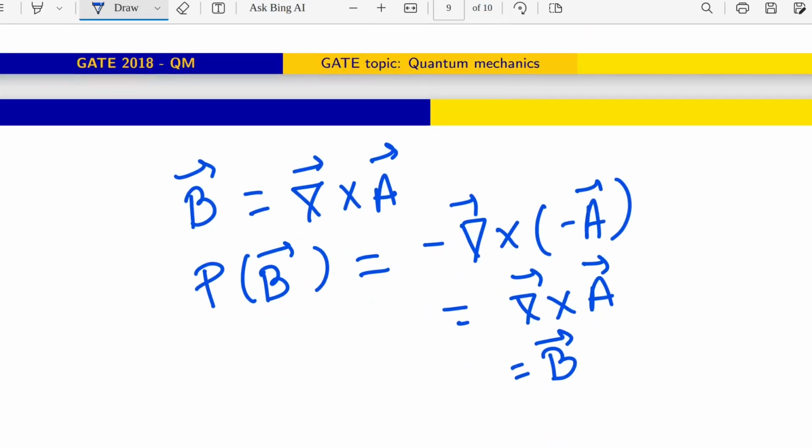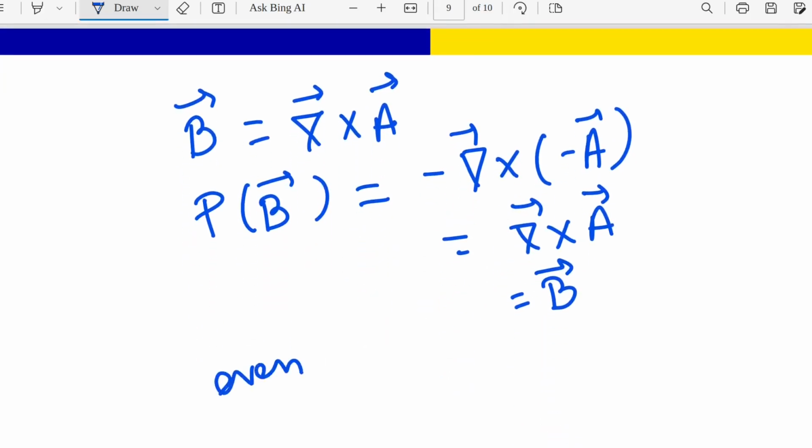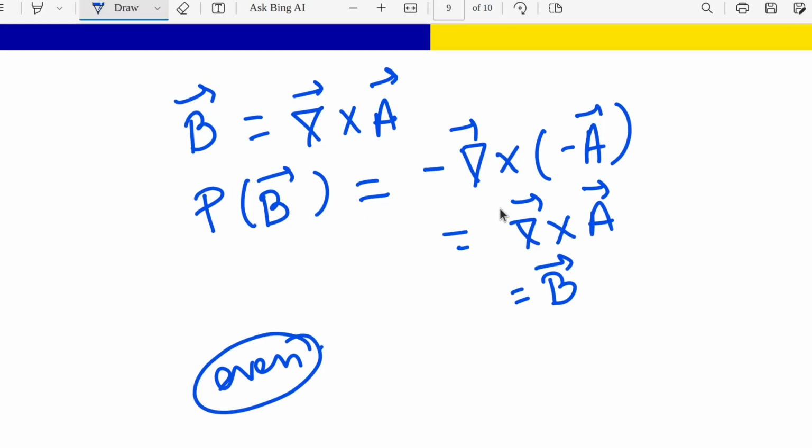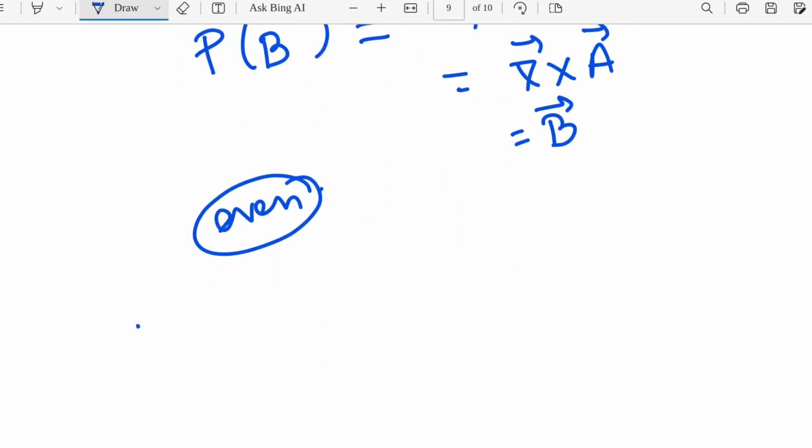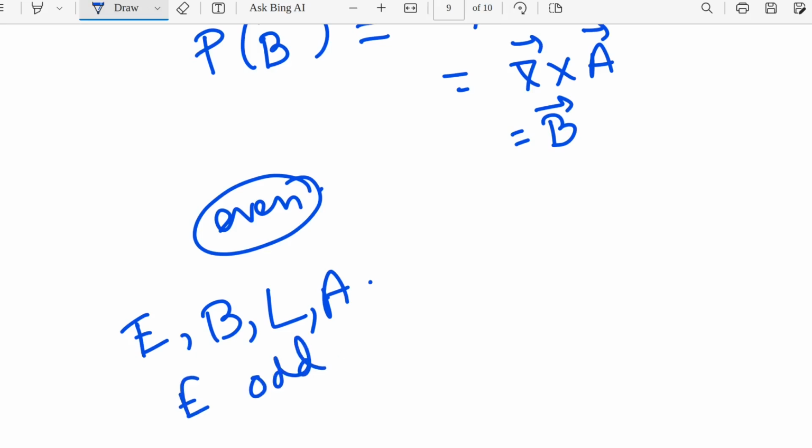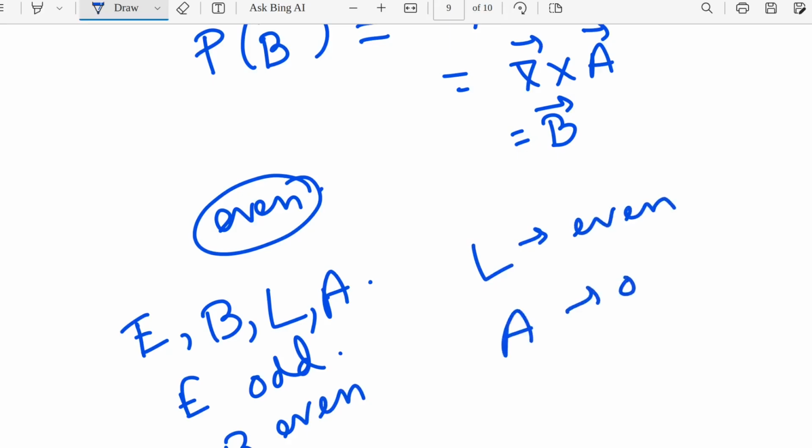So the magnetic field is even under parity. As a conclusion, among E, B, L, A: E is odd under parity, B is even, L is even, A is odd. So the answer to this question will be E and A.